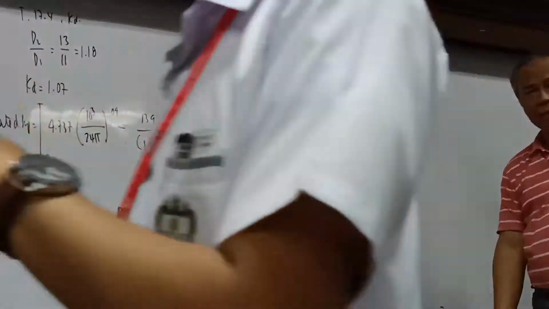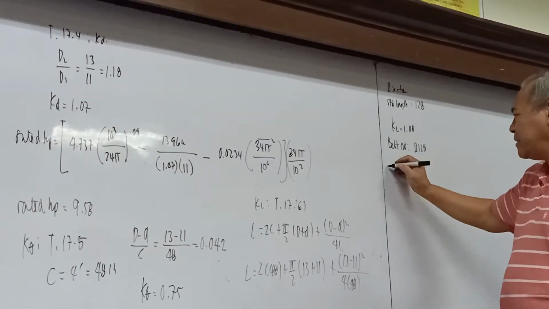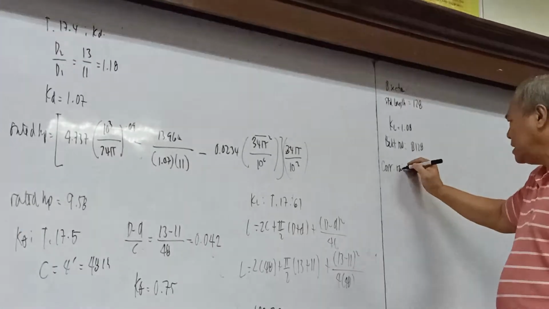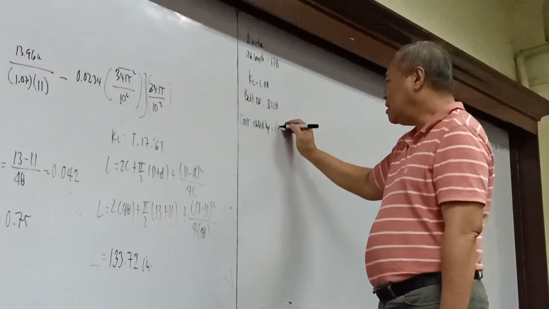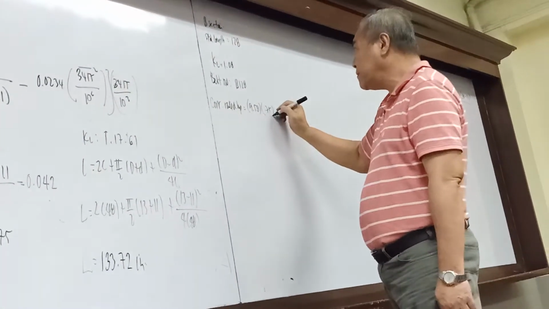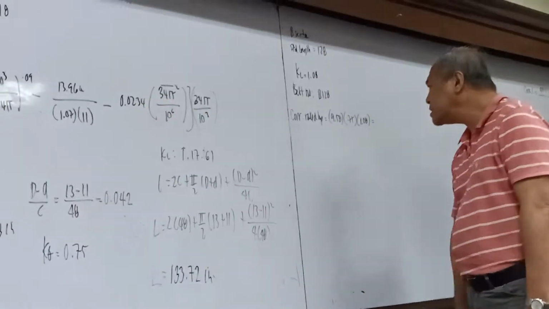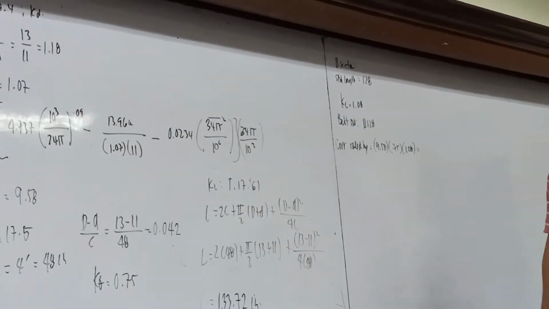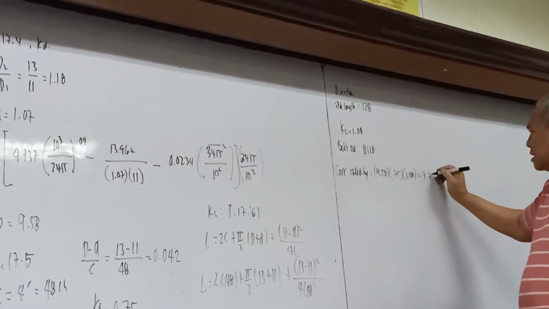Ang belt number natin. Alright, now. So, kung alam na lahat yan, therefore, the corrected rated horsepower equivalent to the rated horsepower of 9.58. K theta is 0.75. KL is 1.08, which is 7.76.